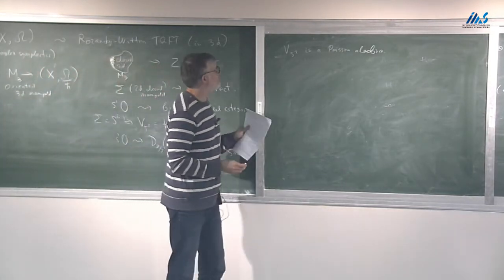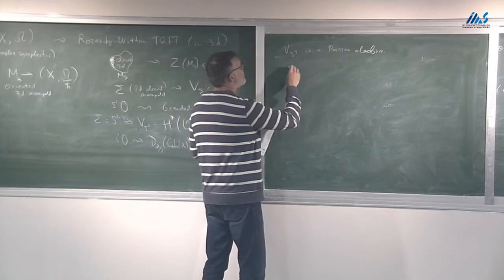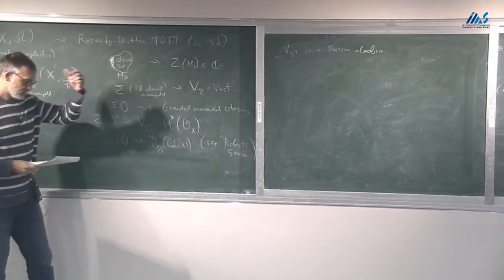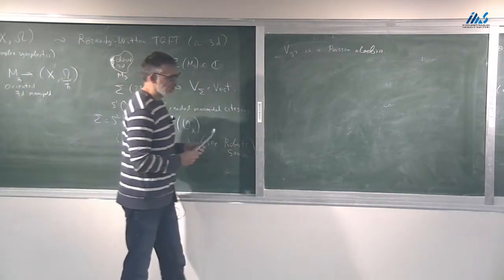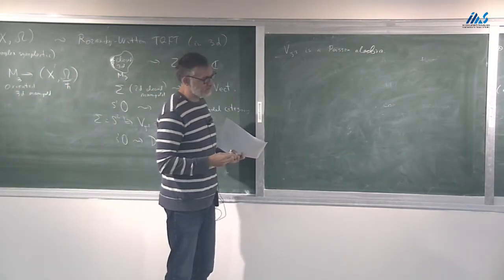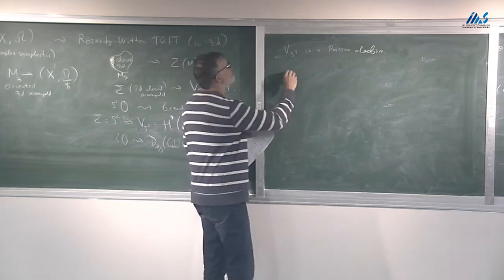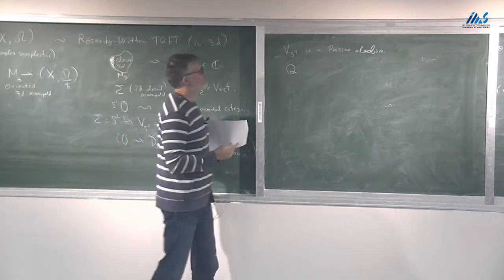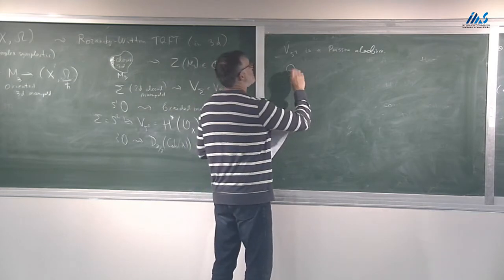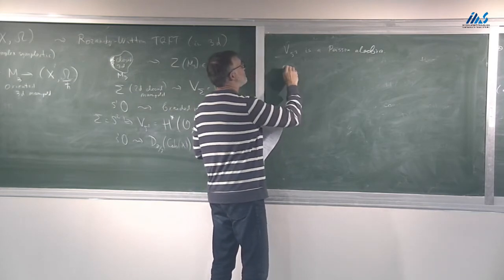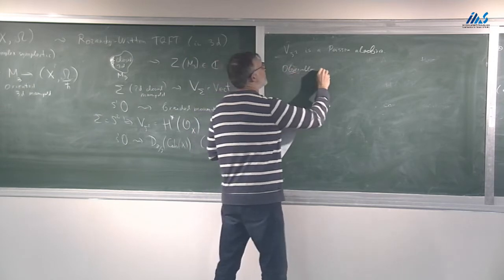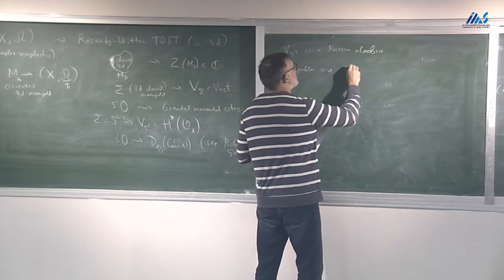The way it's defined is interesting. In this topological field theory, there is some BRST operator called Q, which acts on pre-observables, and observables, topological observables, are really BRST cohomology classes.